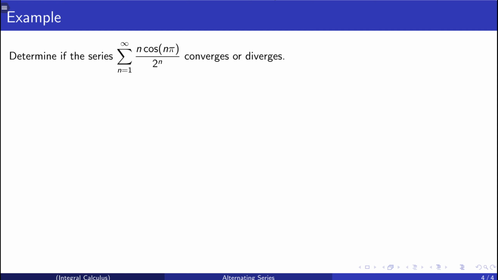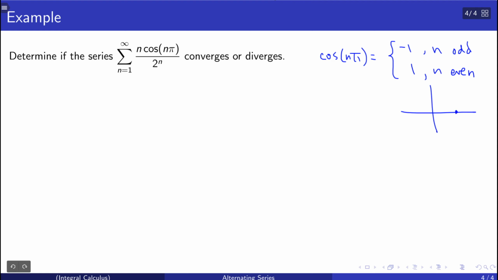So at first glance you may be like, well, is this actually an alternating series? Can I use the alternating series test? Well, it's cosine(n pi). You know what the value of cosine of n times pi is equal to. It's equal to -1 if n is odd, and 1 if n is even. It just alternates between 1 and -1.